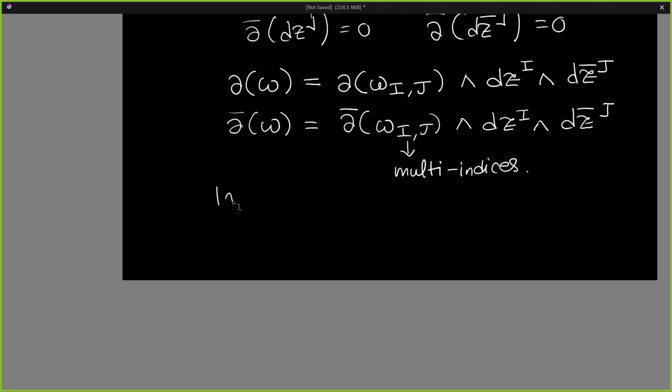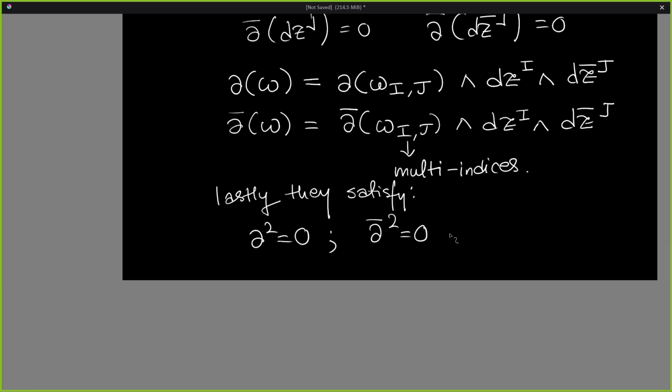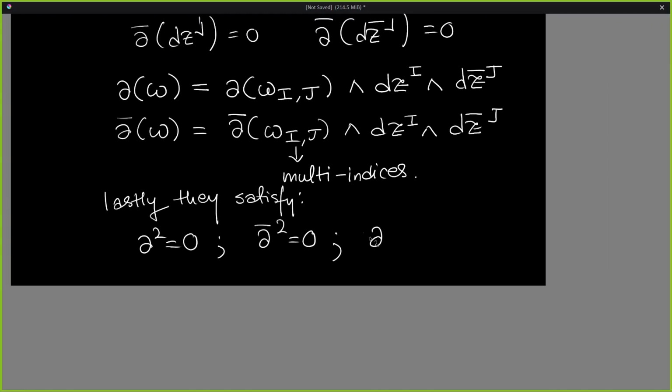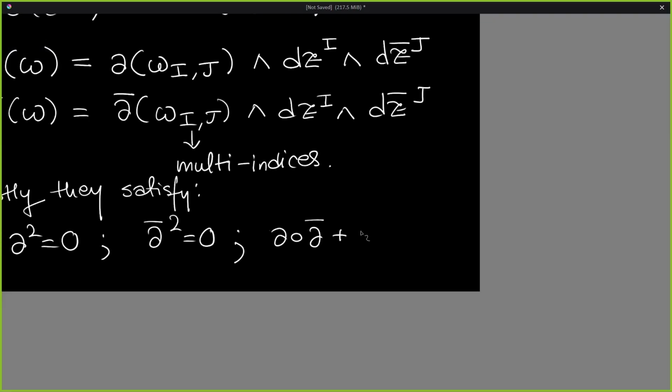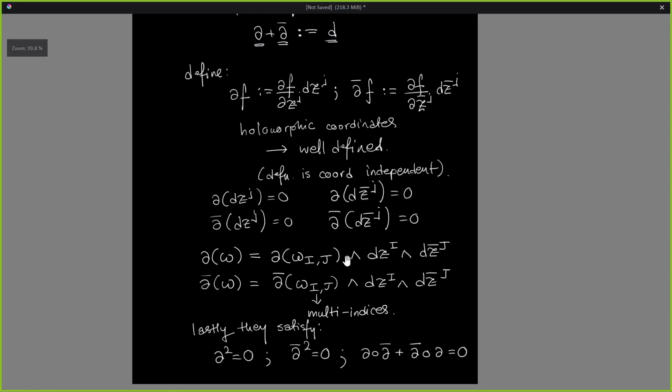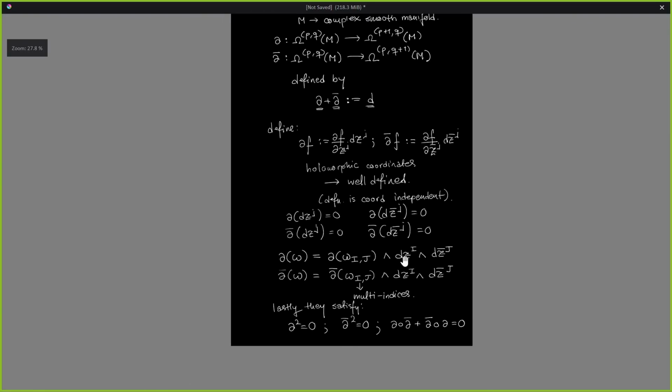And lastly, they satisfy partial squared equals 0, partial bar squared equals 0, and partial after partial bar... I wasn't writing the "after" before, I guess, so this is the full way to think about it, is equal to 0. So these are the Dolbeault operators.